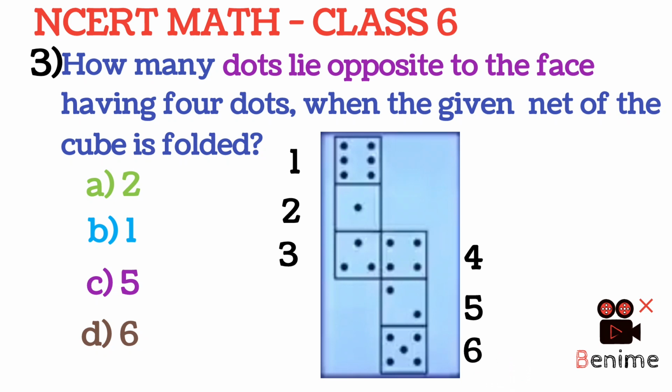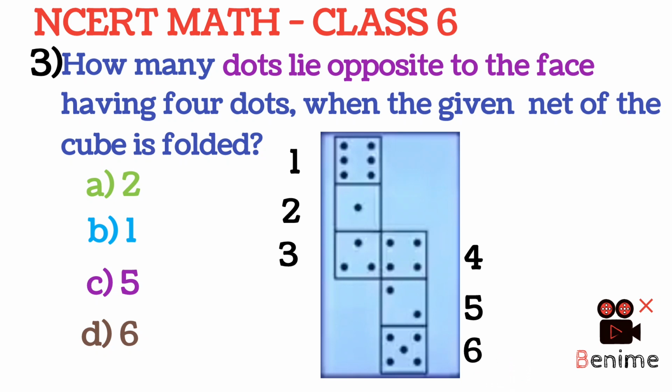So similarly the remaining 2 sides of the dice will be 2 and 5. The 2 will come in front of the person who is standing on the 4 dotted side of the dice, and the 5 dotted side of the dice will come at the top of his head. So what is the meaning?